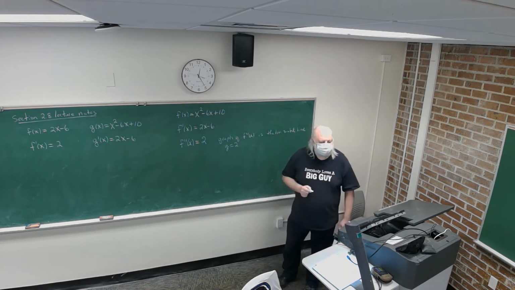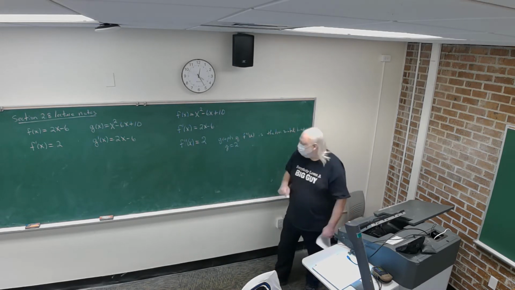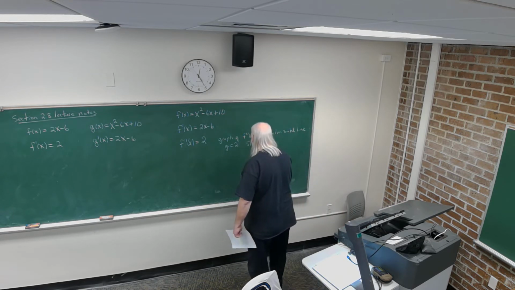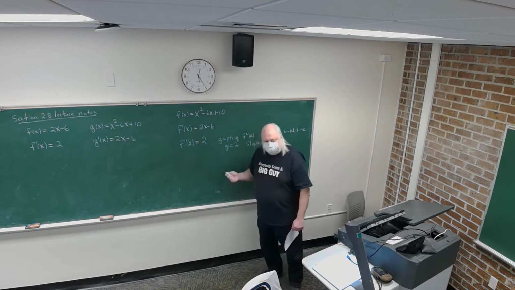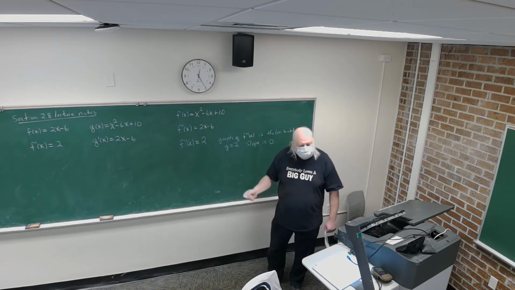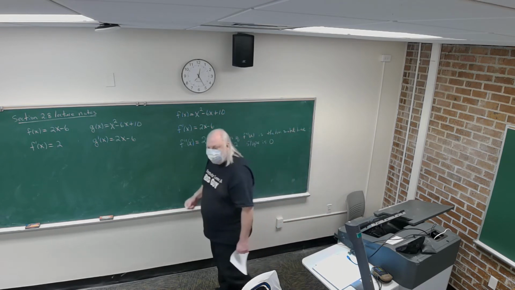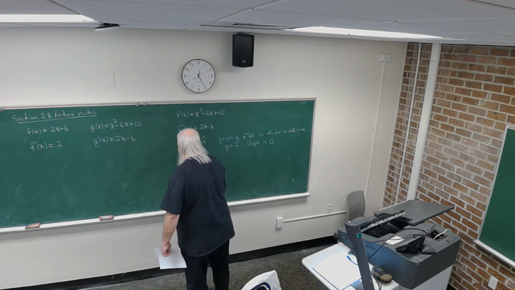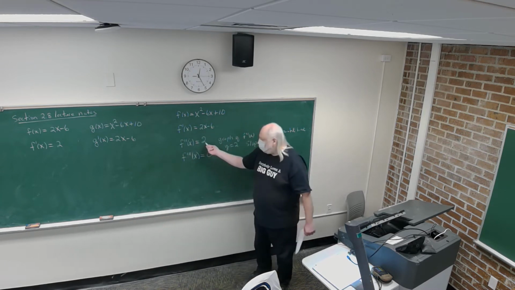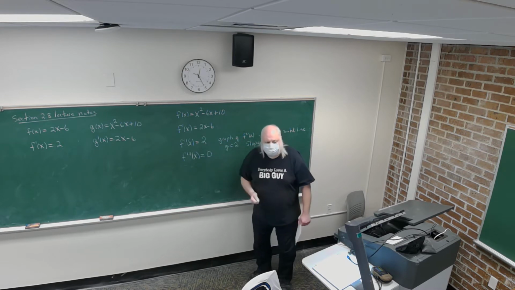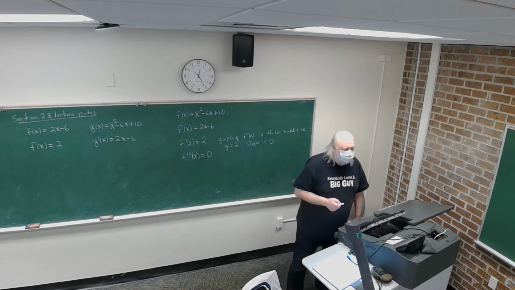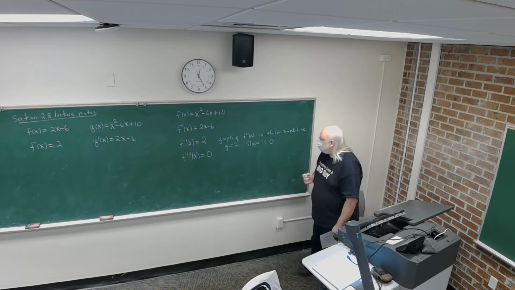What's the slope of a horizontal line? Zero. Slope is 0, and the derivative function gives you the slope of the curve for each value of x. So what's the third derivative going to be? Zero, because the slope of the horizontal line is 0, so the derivative of this function is going to be 0. The derivative is the slope of the function at each value of x.